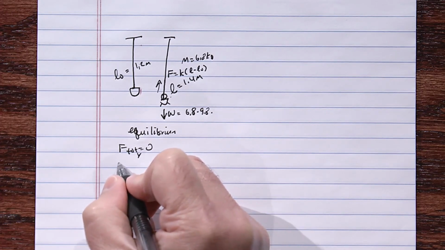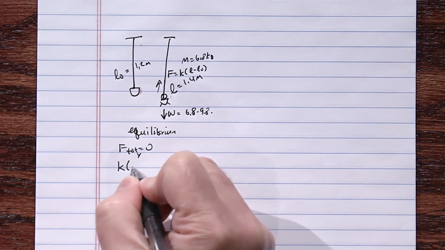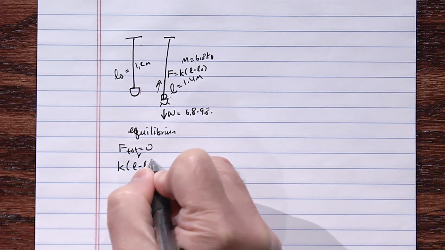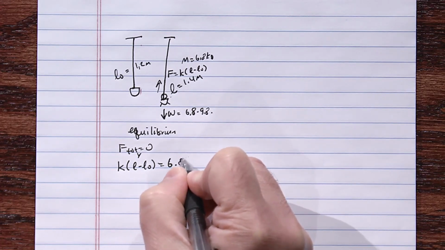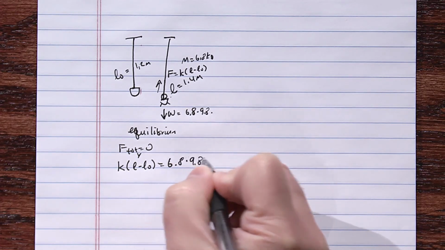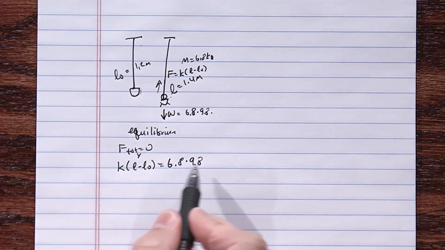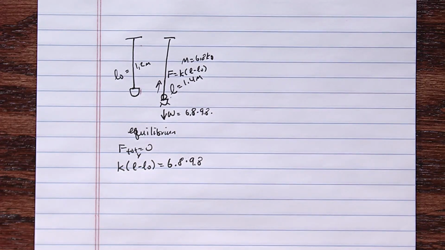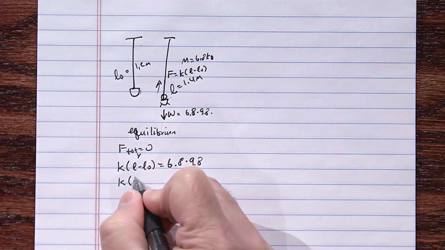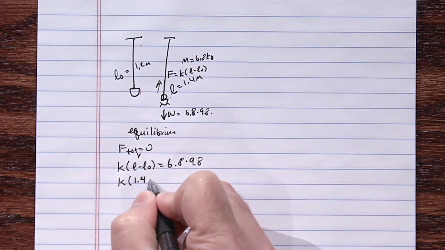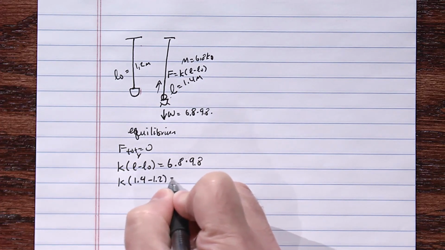So that says that K times L minus L0 must be equal to the weight of 6.8 times 9.8, or this minus that equals 0, which is the same thing. And L minus L0 would be 1.4 minus 1.2.